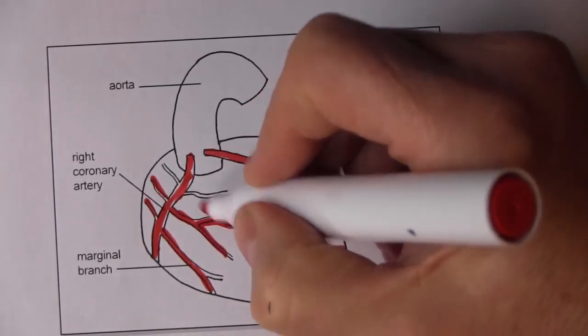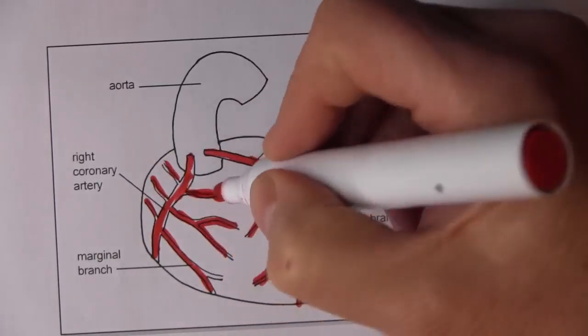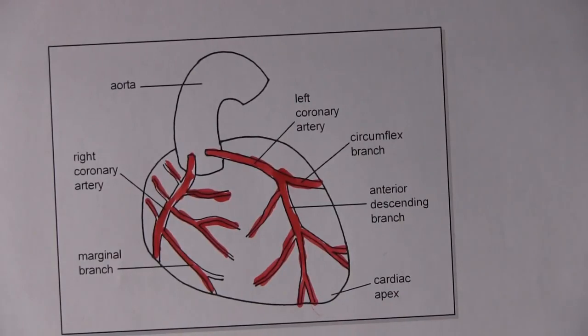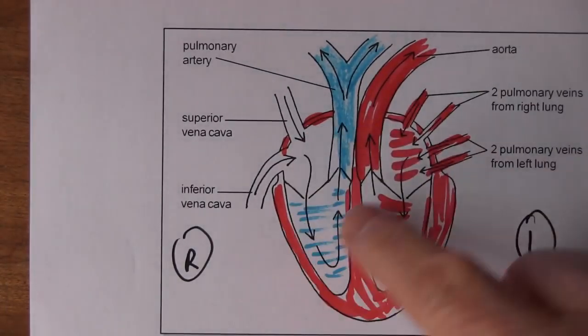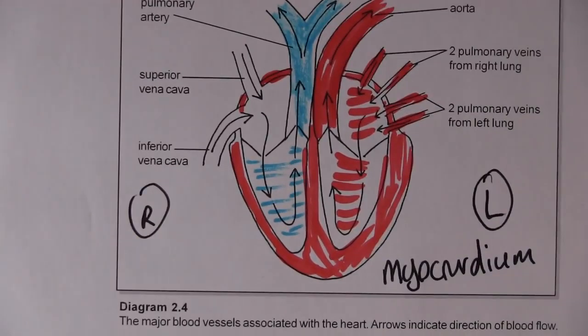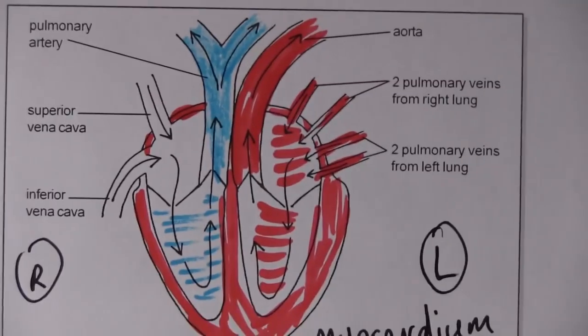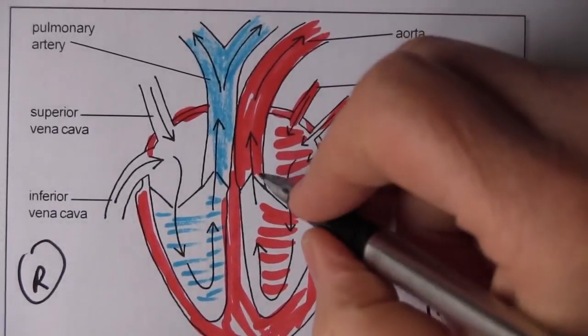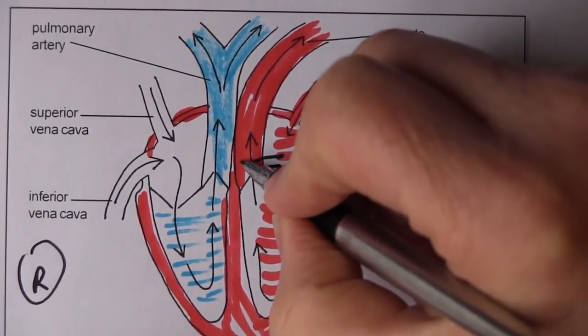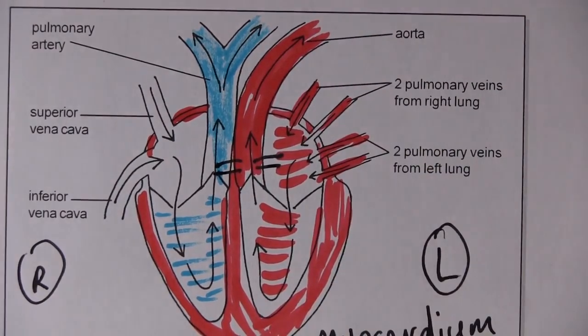But branching out, taking blood to all parts of the myocardium. So the myocardium's not really getting its blood supply from the blood that's going through the heart. It's rather getting its blood supply from these 2 arteries, which are the first 2 arteries to leave the aorta, here and here, these coronary arteries.